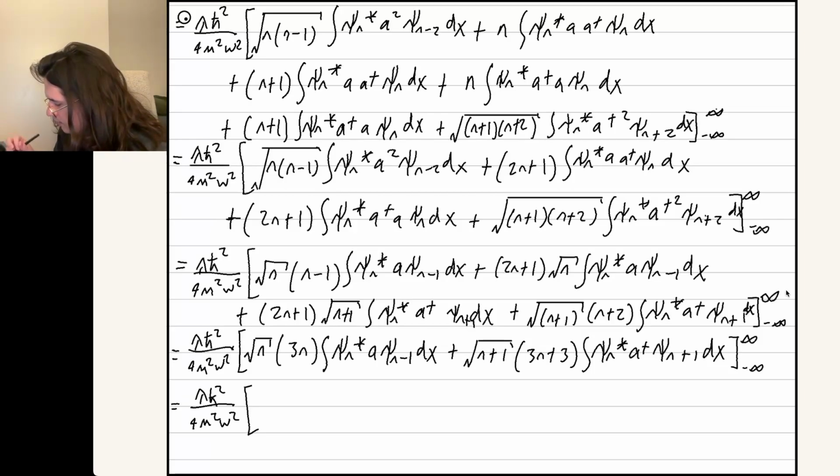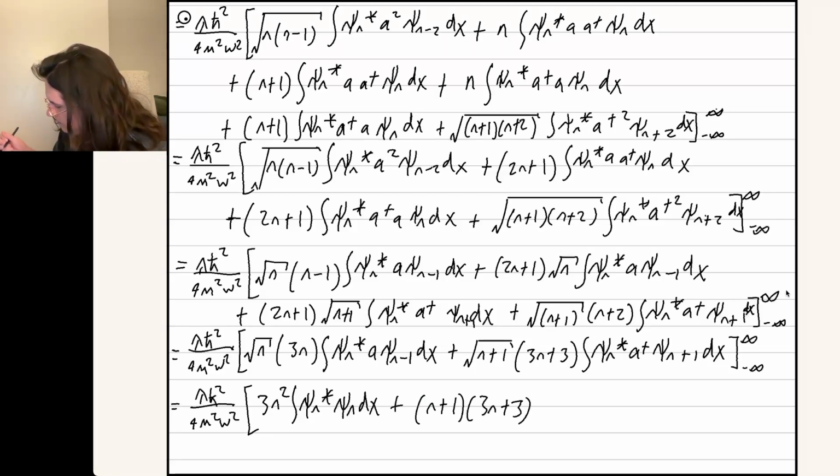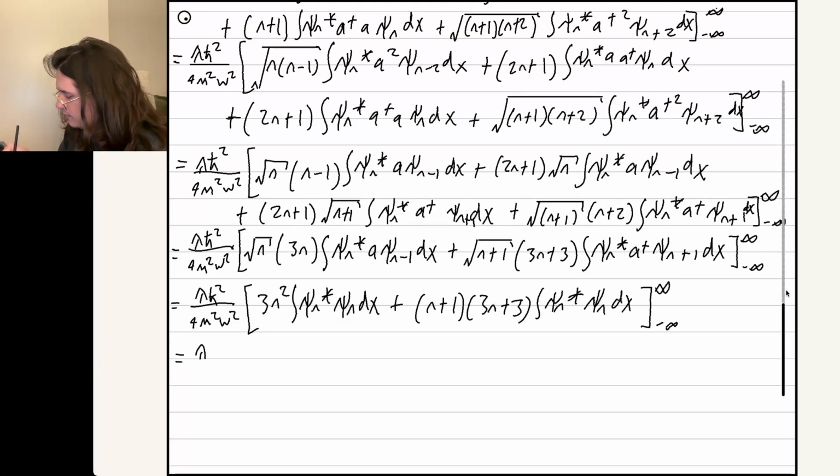You'll get a factor of 3n squared integral psi n star psi n dx plus a factor of n plus 1 times 3n plus 3, integral psi n star psi n dx from minus infinity to infinity. And both of those integrals are 1 now. So we will just expand the n terms.